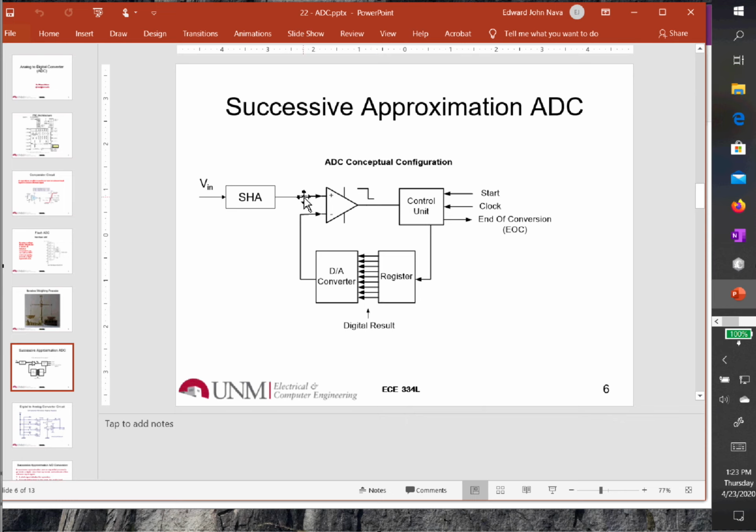The approximation part is due to the fact that we have a quantization limit due to the number of bits we use to represent this value. The more bits we have, the higher the resolution, so the smaller the quantization error and the better the approximation. With 10 bits, we have a reasonably good ability to represent that signal.